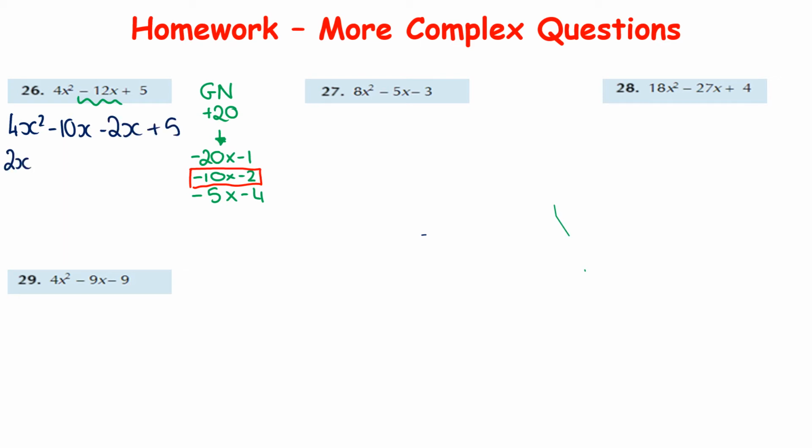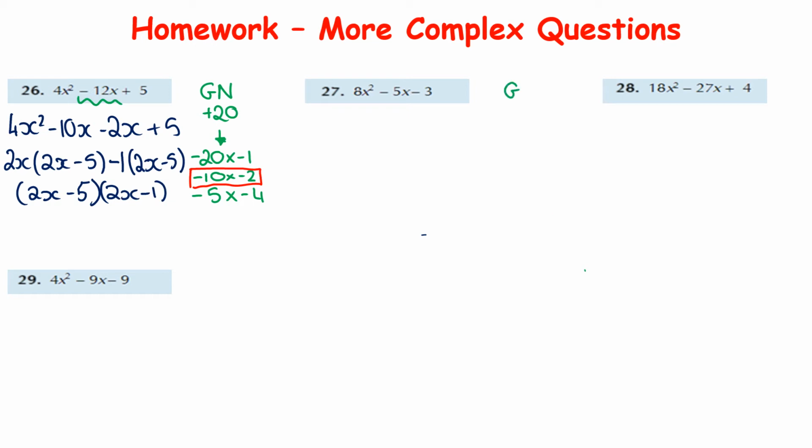So 2x is common, so we're left with 2x minus 5. Nothing common, but we'll pull down the minus. We'll then have a 1, and that leaves us with 2x minus 5. So that is 2x minus 5 times 2x minus 1. Again, if your bracket's the other way around, that's absolutely fine.